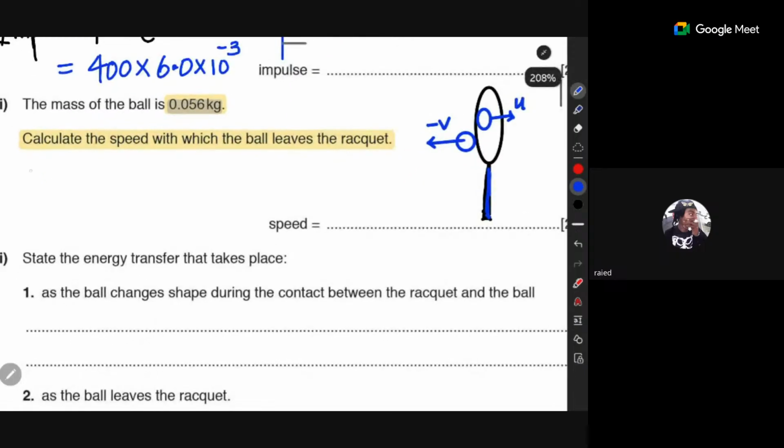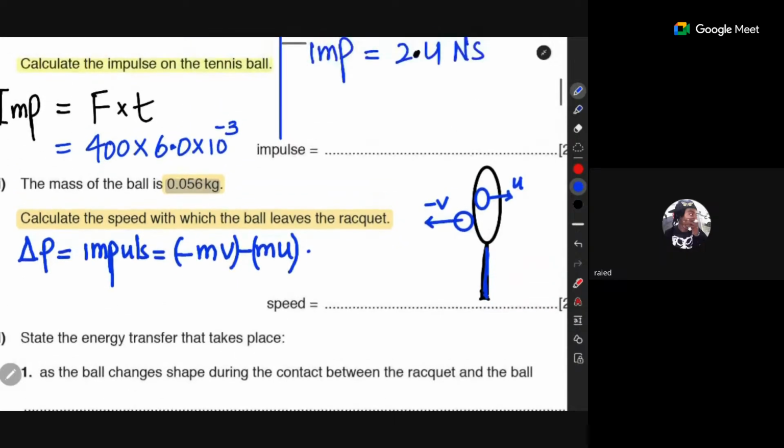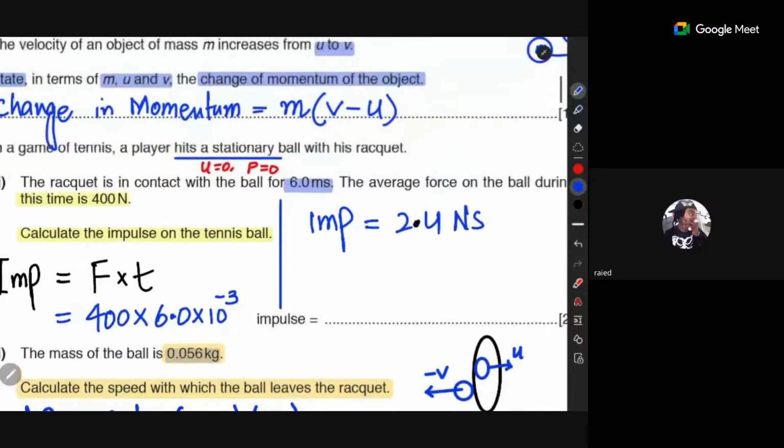In that case, change in momentum equals the impulse, and impulse equals negative mv minus mu. The negative sign tells us the direction of the object is reversed.